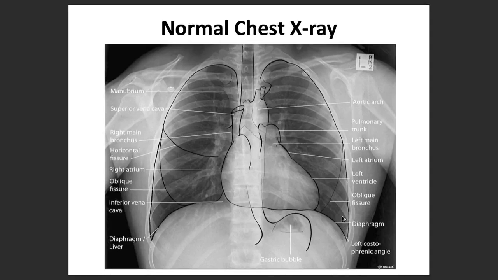Right from the aortic arch, pulmonary trunk, the left main bronchus, the left atrium, the left ventricle, and the oblique fissure, you will be able to comment. Then comes the diaphragm, costophrenic angle, and the gastric bubble. Then the diaphragm, IVC, oblique fissure, right atrium, horizontal fissure, right main bronchus, the superior vena cava, and also the manubrium.